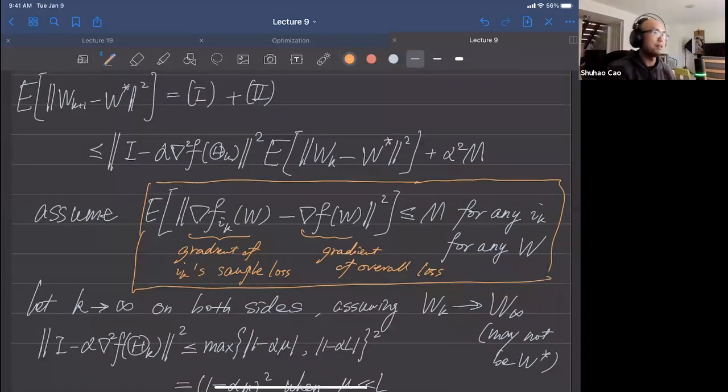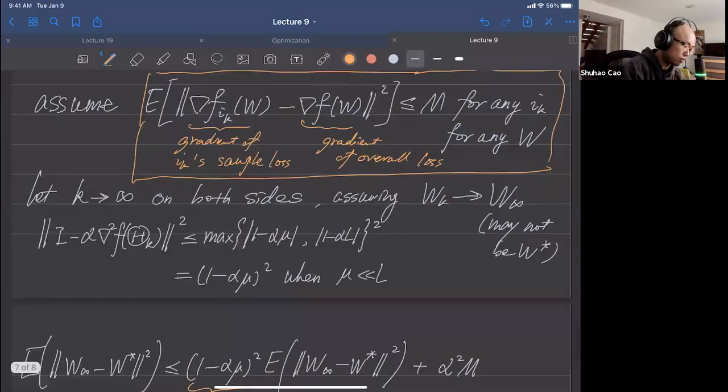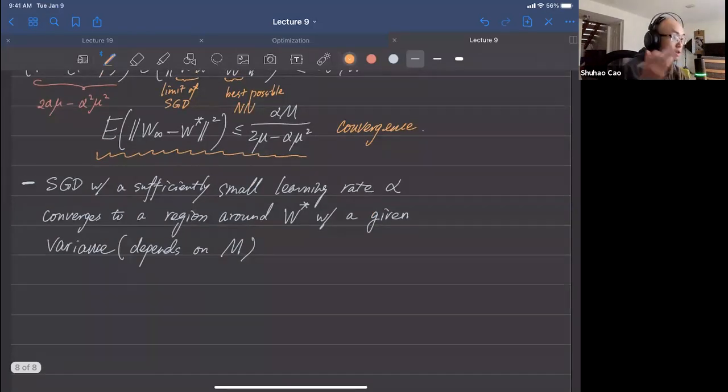It is on average the square difference, or say the variance, or say the second moment of the sample's gradient of loss versus the gradient of overall loss, where essentially we assume every sample is not too different from the overall distribution, so that this variance is bounded.